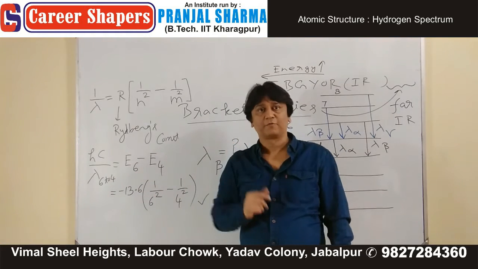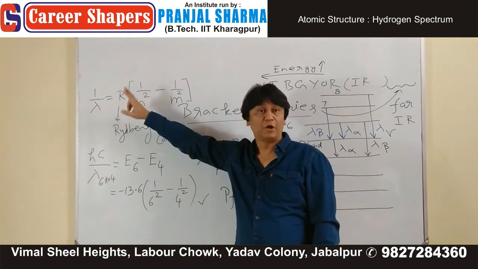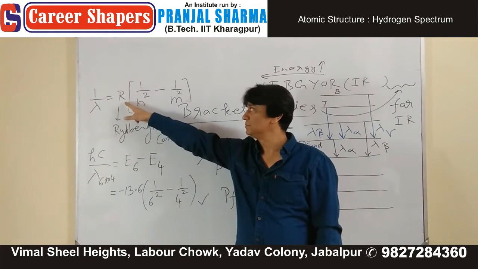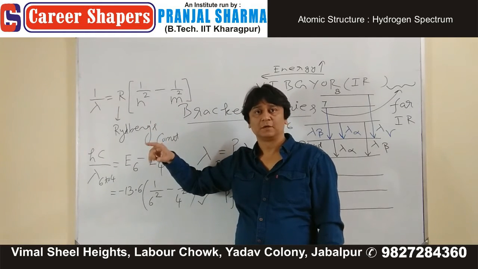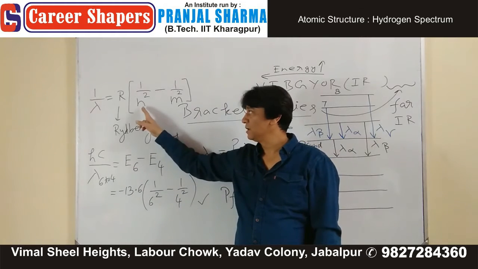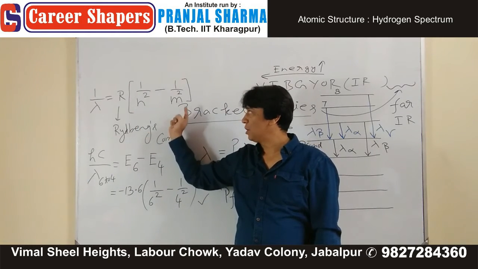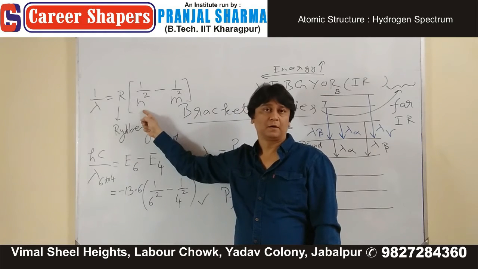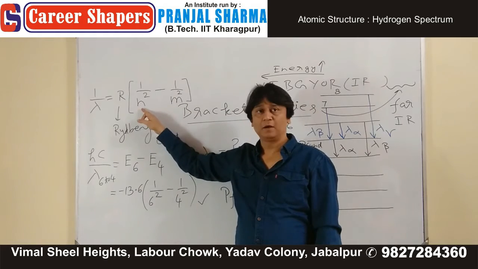What I expect from you is the value of lambda, the value of Rydberg's constant when a jump takes place. First tell me: is this jump from n to m or m to n?